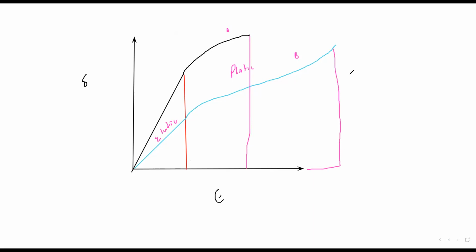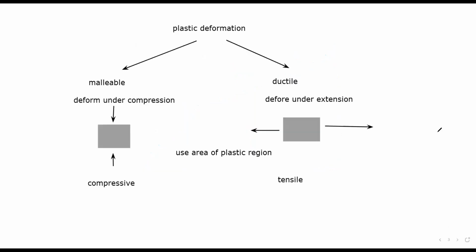And whether it is malleable or ductile will be mentioned in the question: the object deforms under compression or the object deforms under tensile stress. Is it clear, the difference between the two? Both show plastic deformation. For example, copper we can hammer into shape, and we can draw or stretch it into wire.